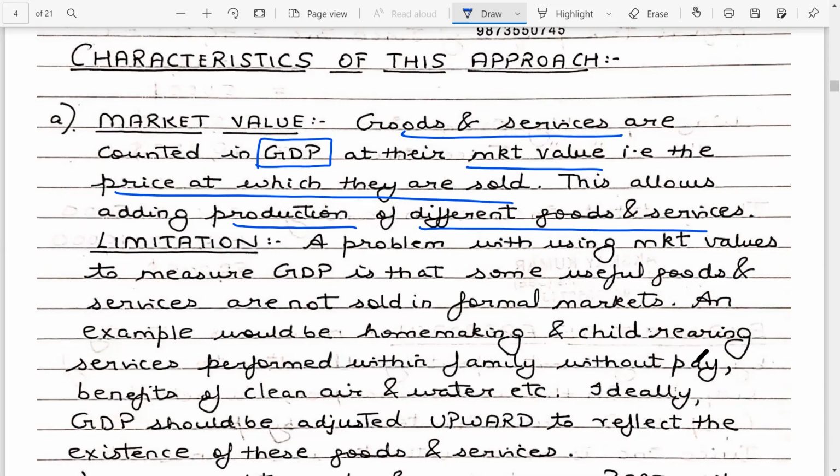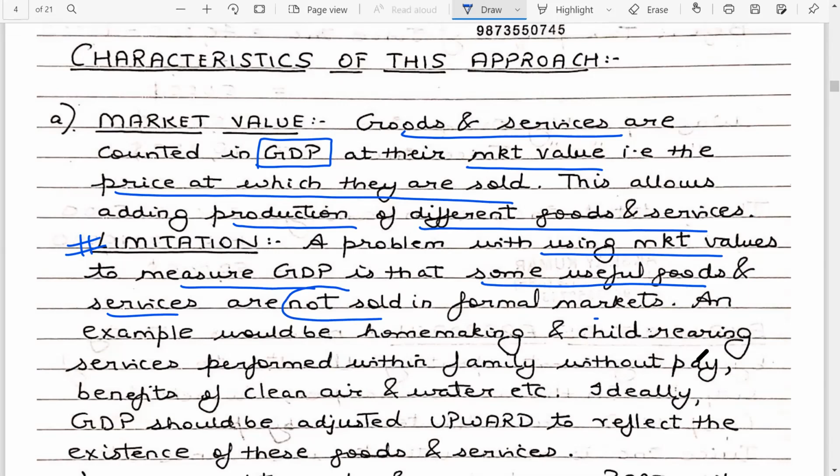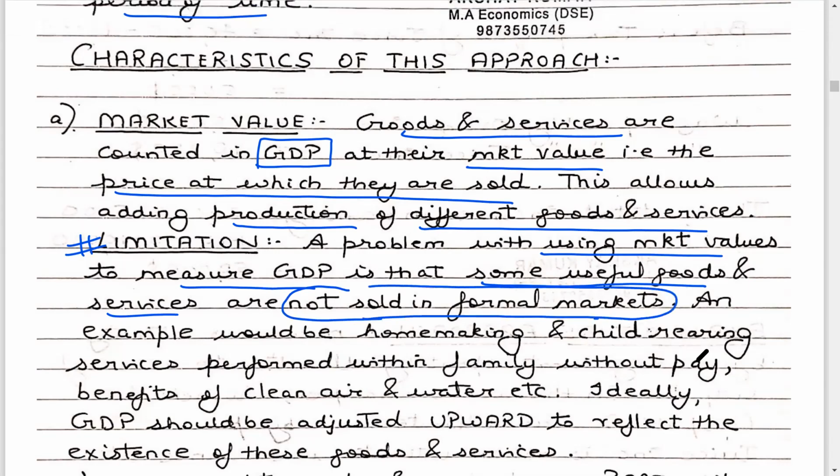So you can see the limitation of using market value. A problem with using market value to measure GDP is that some useful goods and services are not sold in the formal markets. Example, homemaking, child rearing services performed within the family. What your parents are doing for you, what your brothers and sisters are doing for you, you are not paying them.